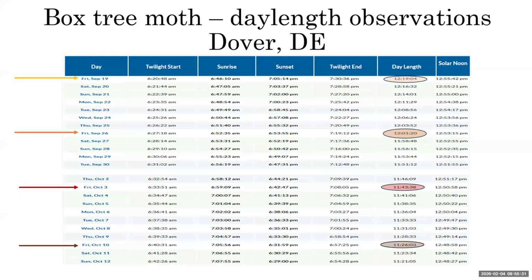I had talked to Steve, and he had said sometime in September, October, they started having a difficult time finding caterpillars. I have suspicions as to why that is. But 11 hours, 43 minutes. And then Friday, October 10th, 11 hours, 26 minutes. That's where I started seeing a much more common occurrence of hibernacula in the site that I was looking at. Now, unfortunately, I only had time to go to one location.